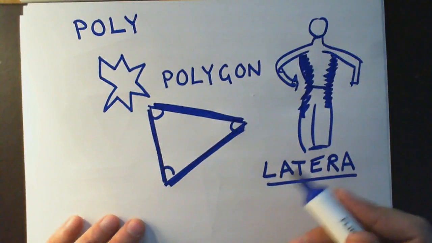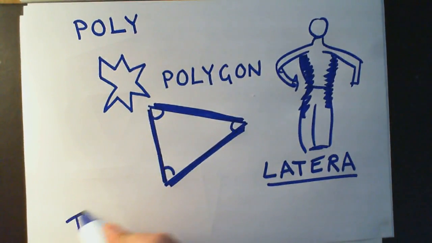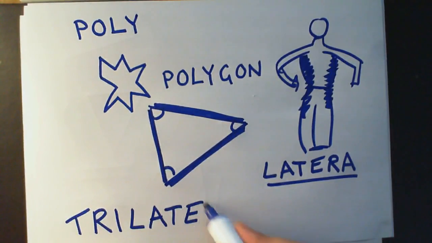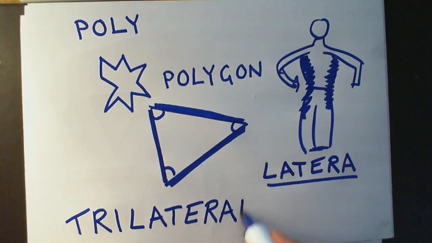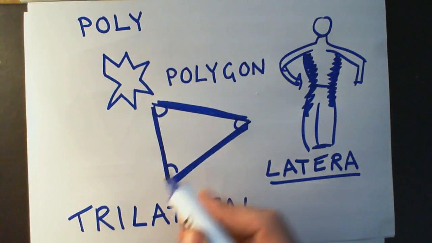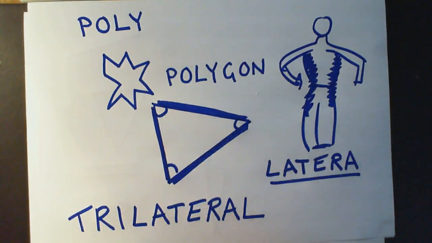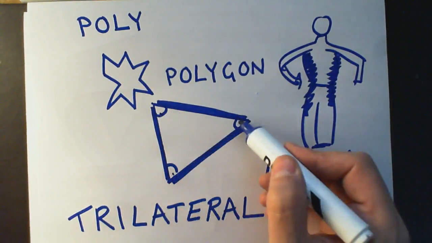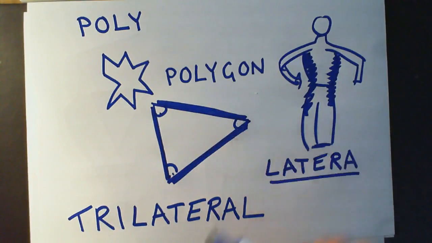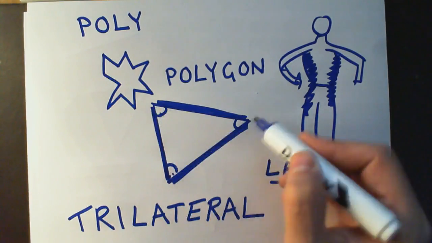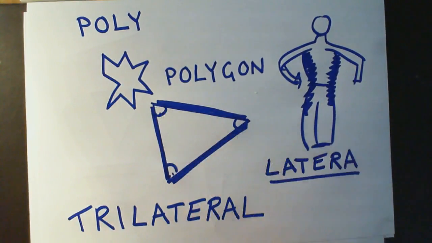And so we say it is tri, which is our word for 3, we've seen already, lateral. So a trilateral is the same thing as a trigon or a triangle. Right? If we say a trigon, we're talking about the angles. A triangle, same thing, but in Latin, and trigon is in Greek. Trilateral, we're talking about the sides. So every trilateral is also a triangle.